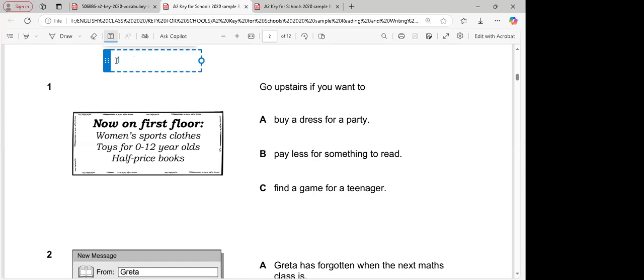Example, number 1, if the answer is A, you will write A here, capital. Number 2, if the answer is B, write B here. Understand? Like that, go downwards. Number 3, if it is C, put C. In part 1, there are 6. You can even divide it part by part. Ilaya, done for question 1?